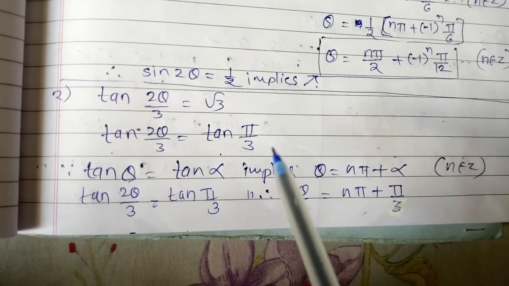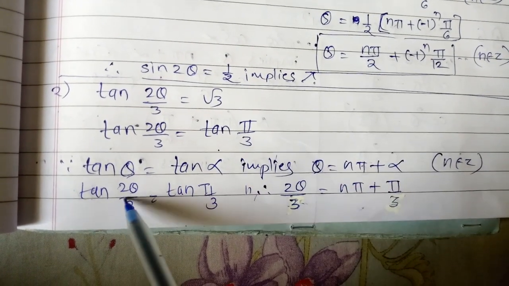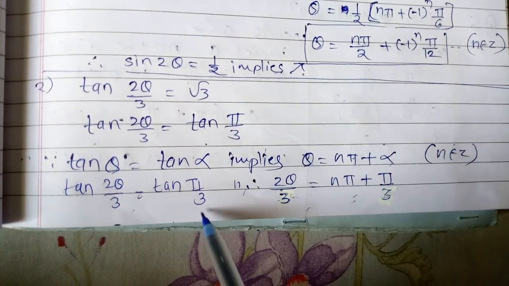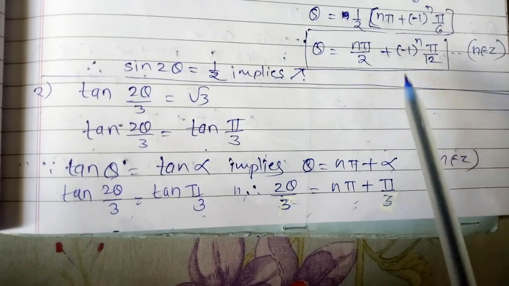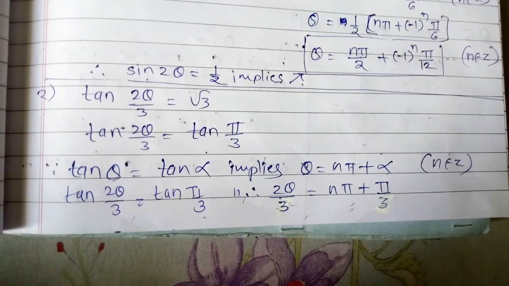Now comparing these two, instead of writing theta we write 2 theta by 3 is equal to n pi plus, the value of alpha is pi by 3. Now here we have to find the value of theta. So move this 2 by 3 to this side, so it will become 3 by 2.